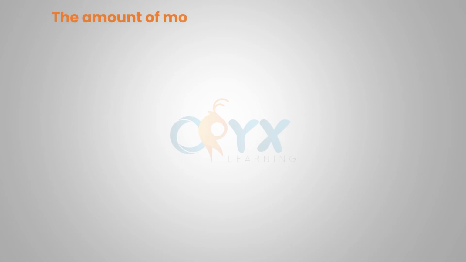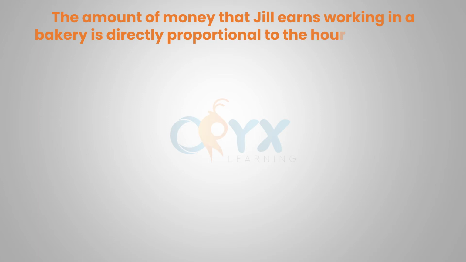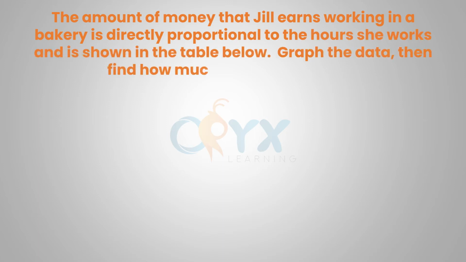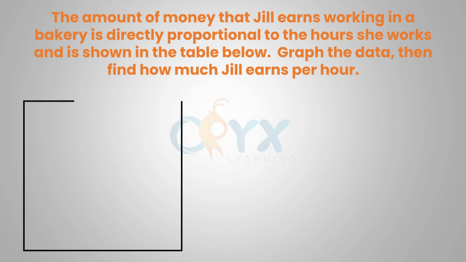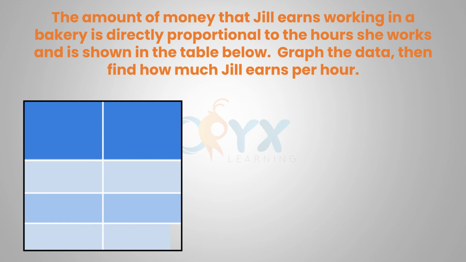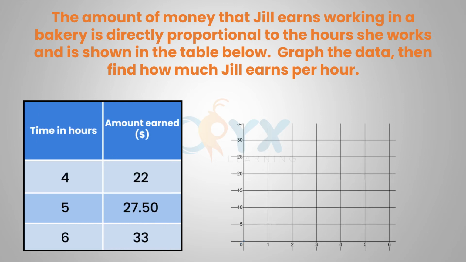The amount of money that Jill earns working in a bakery is directly proportional to the hours she works and is shown in the table below. Graph the data, then find out how much Jill earns per hour. In order to graph the points, we can use our coordinates to graph 4, 22, so over 4 up 22, 5, 27.50, and 6, 33.